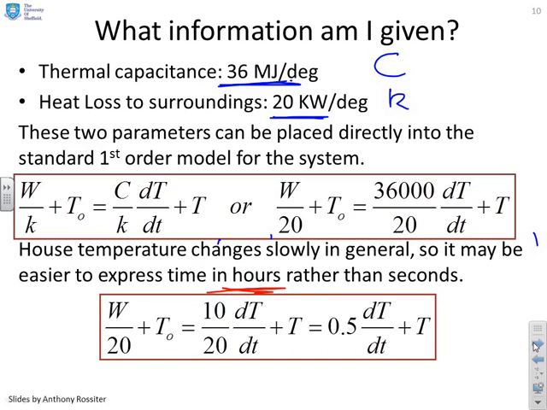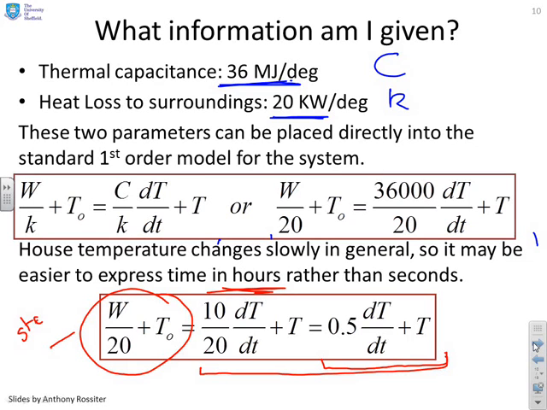If I change the units of time to hours rather than seconds, you'll see the left-hand side doesn't change, but the derivative bit does change, and I end up with this: 0.5 dT/dt plus T, and that looks a lot more sensible. But what have we got? Just to remind, based upon what we said we knew at the start, this is the steady state, W over 20 plus T0, and this 0.5 is the time constant.